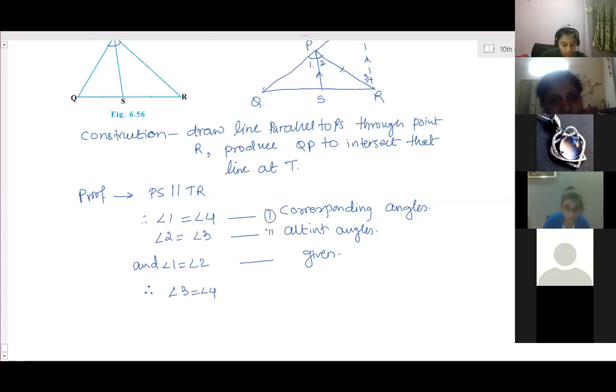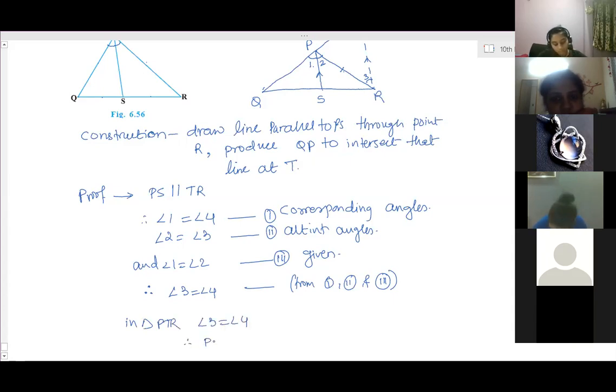In triangle PTR, angle 3 is equal to angle 4. Therefore, PR is equal to PT, sides opposite to equal angles.